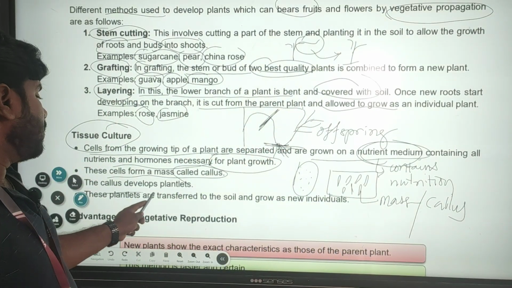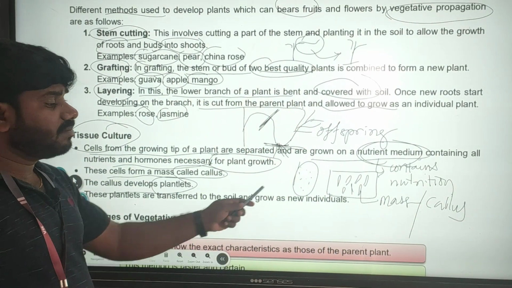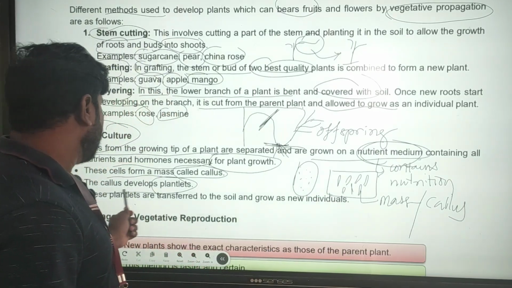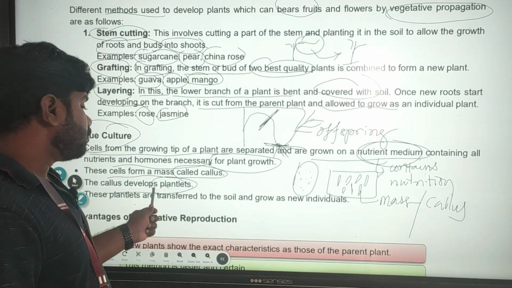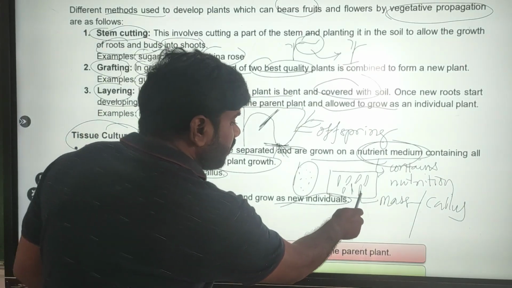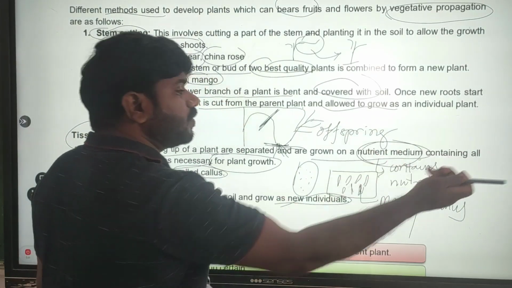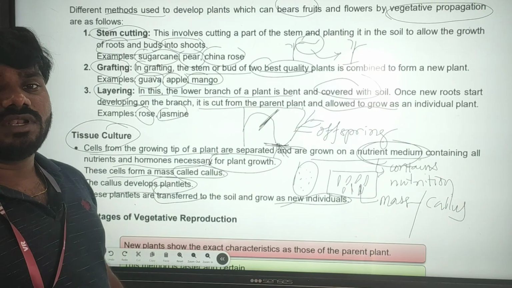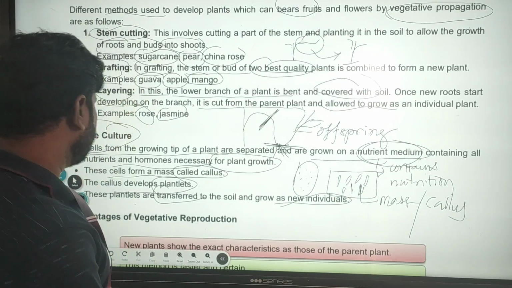Next, the callus develops into small plantlets. These plantlets are transferred to the soil and grow into new individuals.